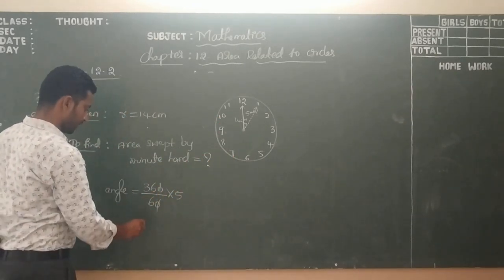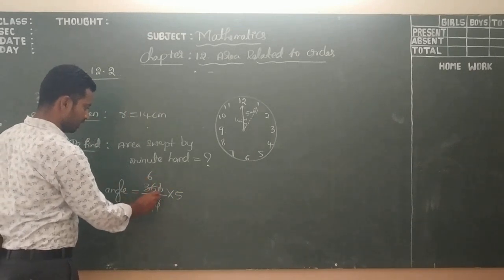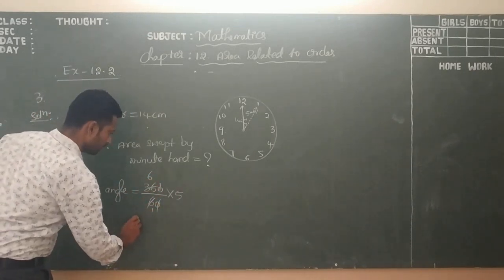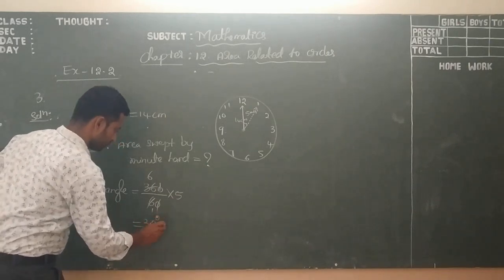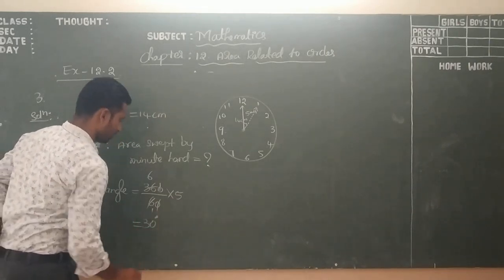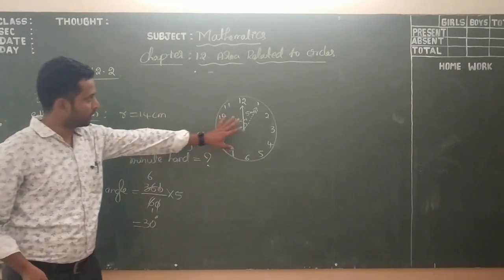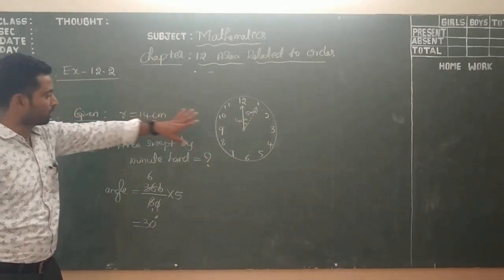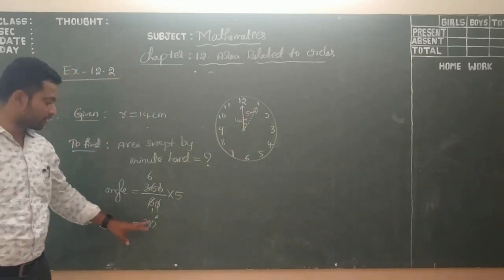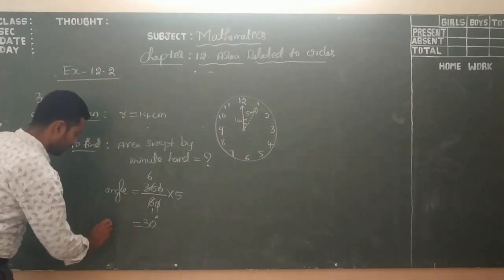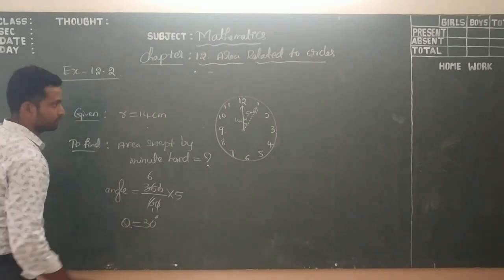The zeros get cancelled. 6 ones are 6, 6 sixes are 36, 6 fives are 30. So 30 degrees. The area swept by this minute hand creates an angle of 30 degrees. This is theta.